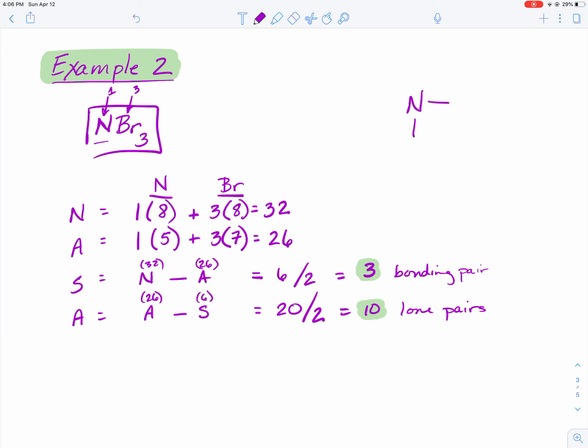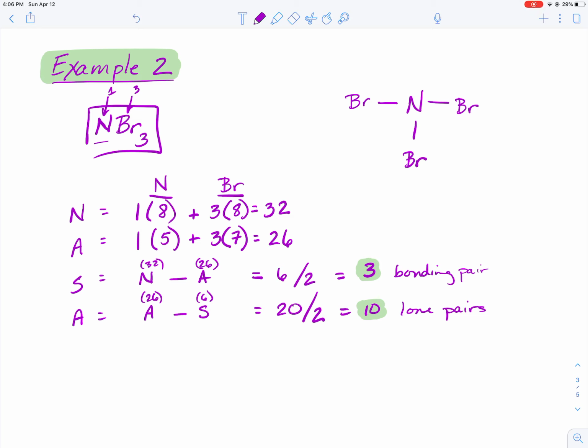So I'm going to use at least a single bonding pair to connect to each of my bromine atoms, in whatever orientation I wish to make it look symmetric. I could have technically taken this bromine and put it on the north side of nitrogen. It would mean the same thing. But I'm going to keep it the way I initially drew it here.